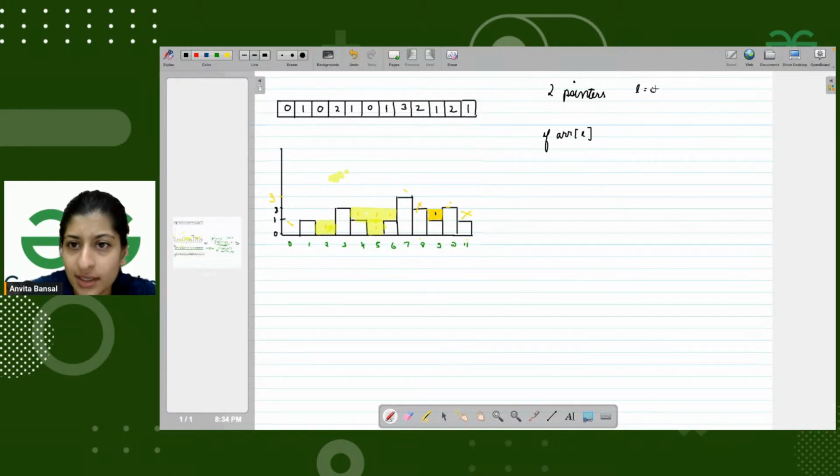Starting with left at index 0, right at the last index of your array. If ARR of left is less than or equal to your ARR of right, if it is smaller than the value present at your right index, then you are going to do some things. What are those things? Have a look.